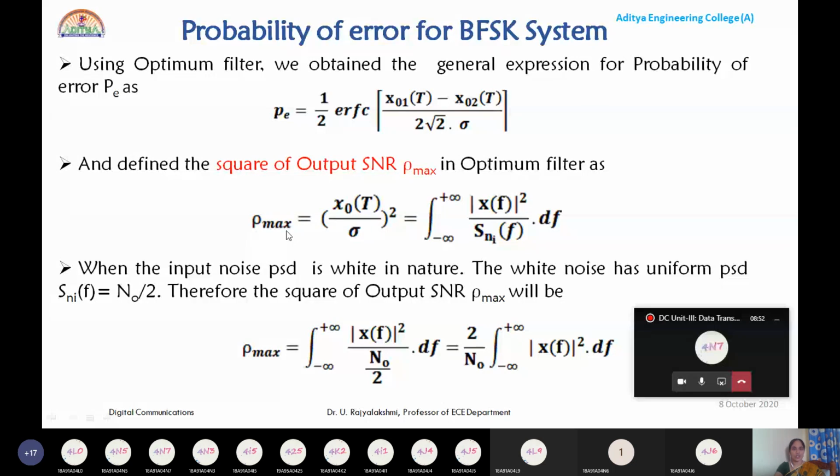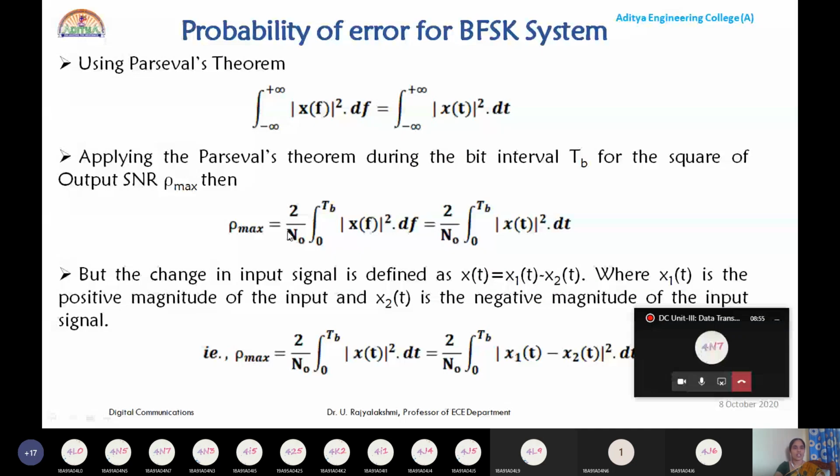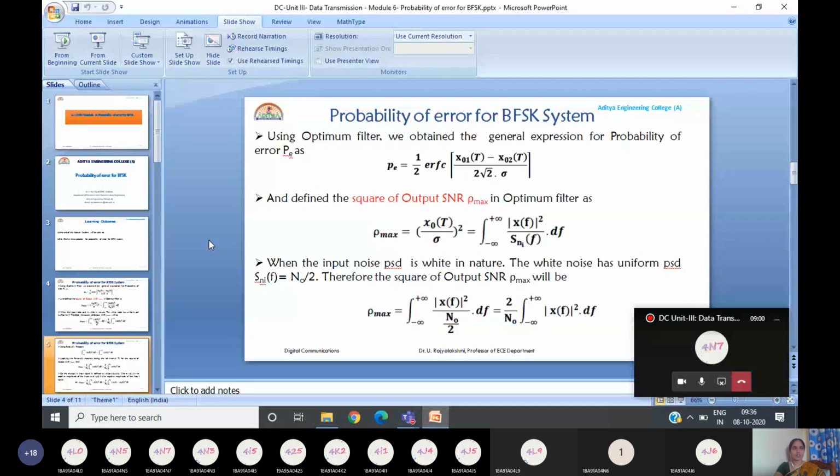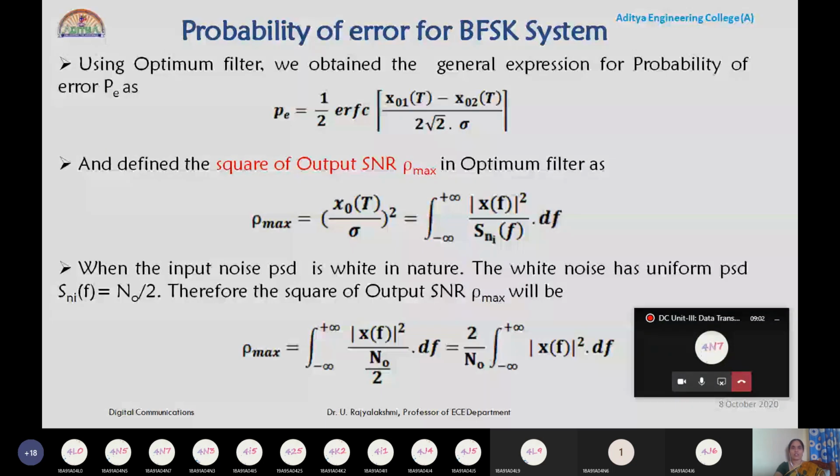First of all, we calculate the square of output SNR, and then we can calculate the output SNR by applying a root to the rho max. After that, we can substitute the same value in the probability of error, that is the output SNR, so that you can extract the BFSK. And always remember that here the square of output SNR should be maximized.